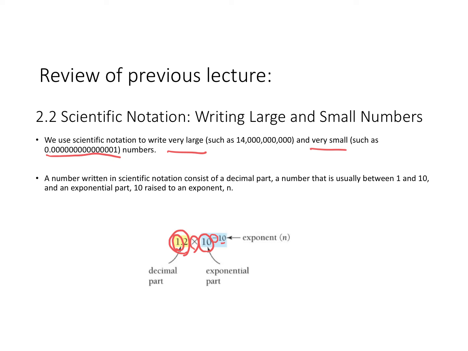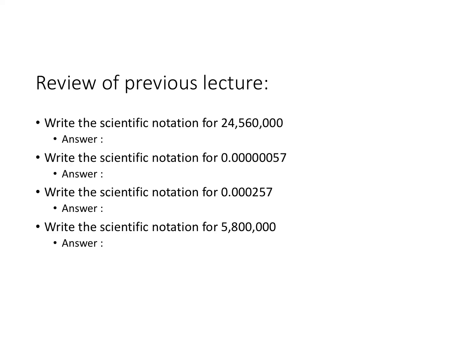And for this number here, you count how much you changed the decimal point, right? To give you samples, I asked you to write the scientific notation for the first number. So write that on a piece of paper, and then I'll give you the answer, and we see if you got it right or wrong.